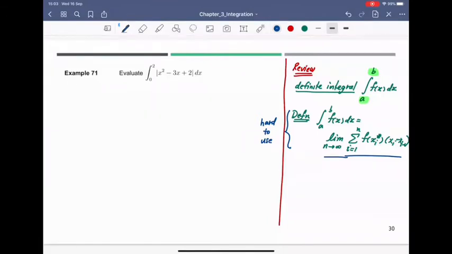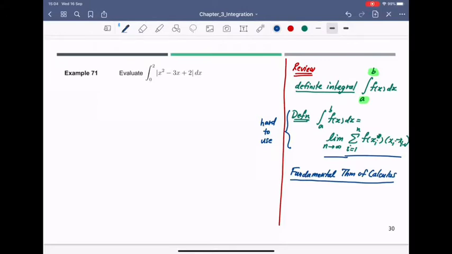To compute the integral from a to b, we have the fundamental theorem of calculus. This is the one we use to compute our definite integrals because it reduces to a form that is easy for us to compute.